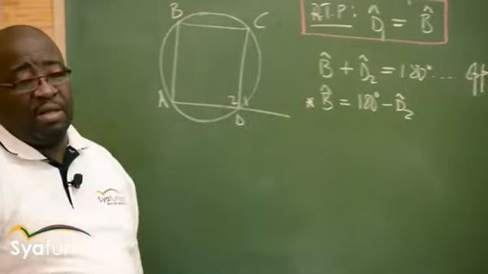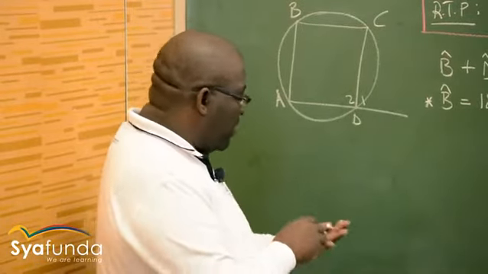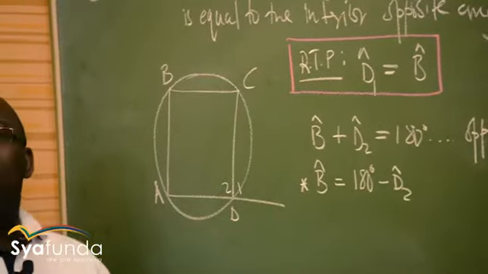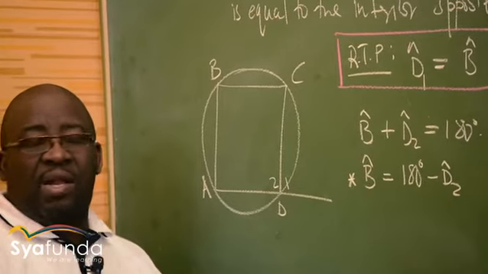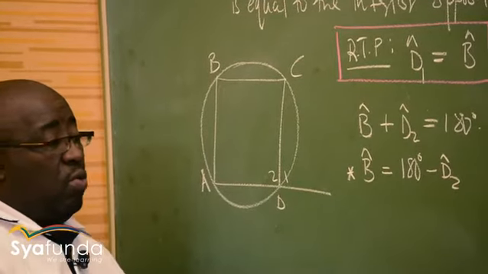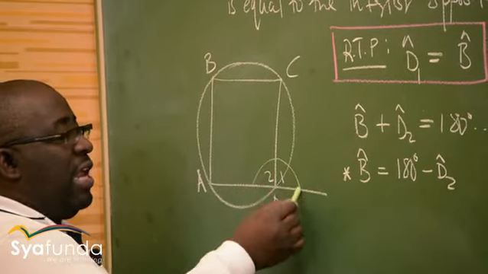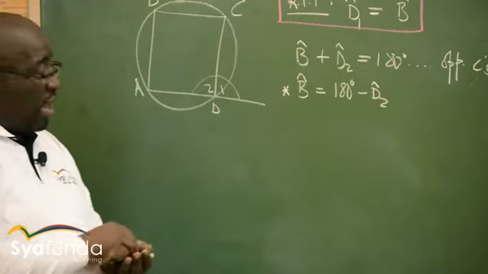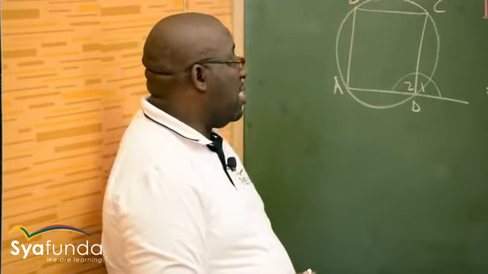Let's create another statement as well. What is the other fact that we know? We also know from grade 8 and grade 9 that the sum of the adjacent angles on a straight line is equal to 180. So this angle plus this angle is equal to 180. That's why I'm saying grade 11 or grade 12 is all about grade 8, grade 9.